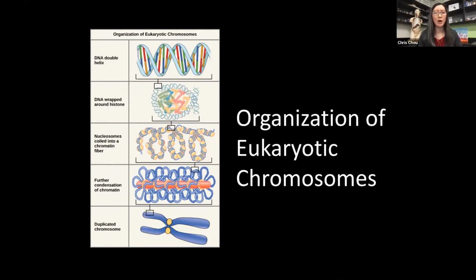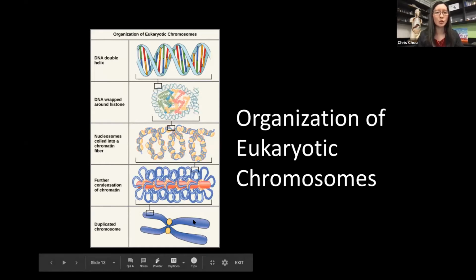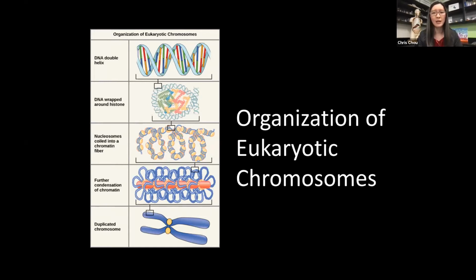Then we're zooming out and seeing the organization of those strands of DNA wrapped around the histone proteins. Then there's further coiling and condensing as cells are getting ready to divide, so you're going to see that chromatin condense into chromosomes, visible physical structures, at the bottom. These are different representations of DNA, from zoomed in close to zoomed out.